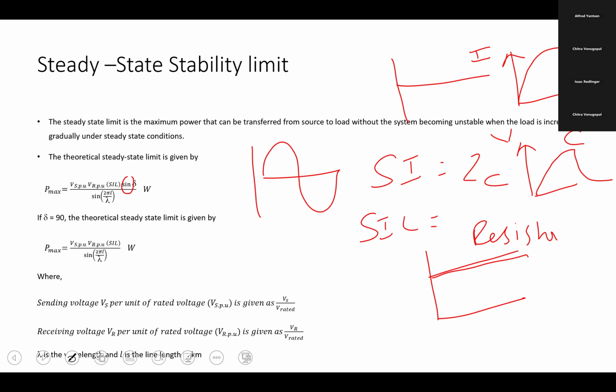The mathematical justification is given in the textbook, so go through it. I'm just trying to explain it from what we understand about power, inductors and capacitors. When you put the oscillations together, you get the sine wave. This sine wave comes from this exponential increase, where the amplitude increases with respect to time.